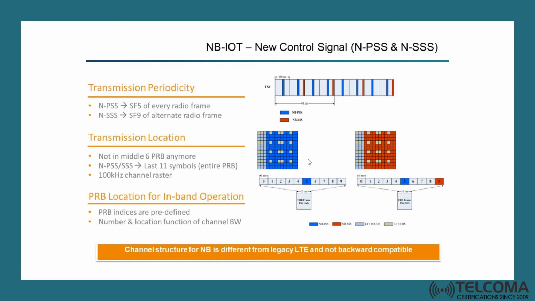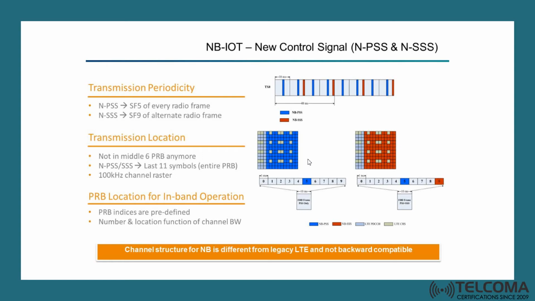As for periodicity, NPSS is transmitted on subframe 5 of every radio frame, whereas NSSS is transmitted on subframe 9 of every alternate radio frame. It is not transmitted on all the radio frames.